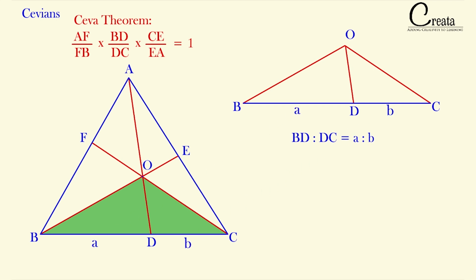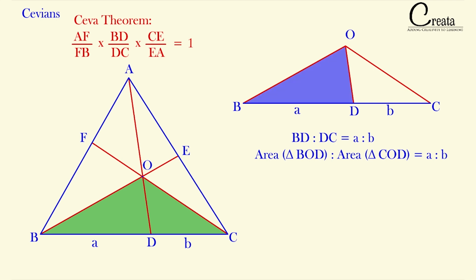In the previous lecture, we have seen that if two triangles are sharing the common altitude, that is, two triangles with the same altitude, the ratio of the areas of both the triangles will be equal to the ratio of their bases. That is, the ratio of the areas of triangle BOD to triangle COD is equal to a to b. Why is it so? I am just repeating the fundamental, it will help you.